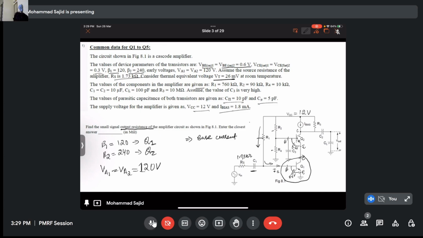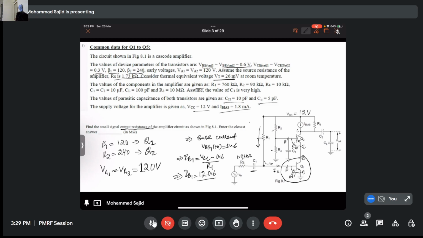Now look here, VBE1 is given to us as 0.6. So can I write IB1 is equivalent to VCC across this R1 minus VBE, which is given as 0.6, divided by R1, right? So IB1 will be 12 minus 0.6 by R1.